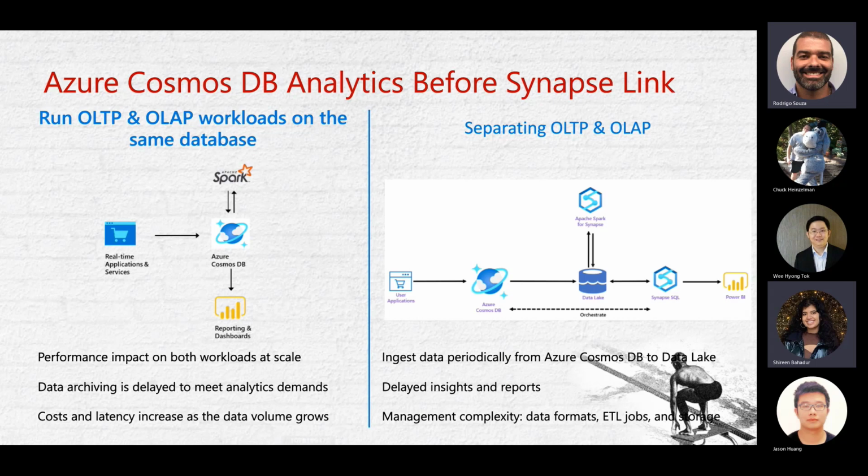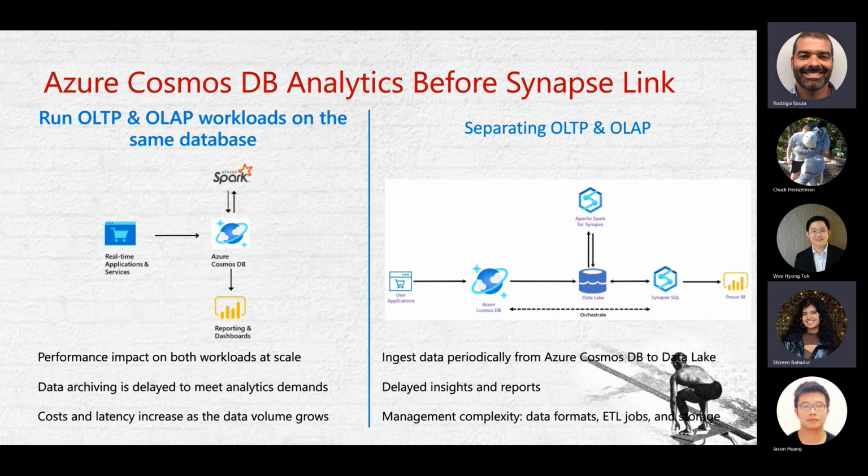And this architecture also brings challenges. Let's see what the problems are here. The first one, you have to create ETL jobs to periodically export data into a data lake and then into an analytical database, and this brings costs and maintenance. It's the regular challenge of ETL jobs.